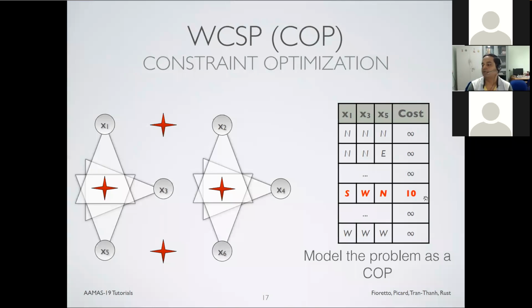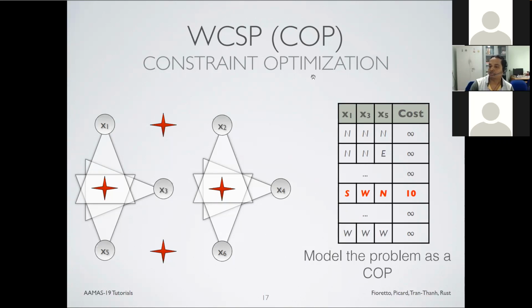Now, constraint optimization problem. For each of these assignments, we will put a value. If it is an invalid assignment, we put infinite, and if it is a valid assignment, we will put 10. We can say it is a constraint optimization problem. We choose that assignment which will minimize my cost.